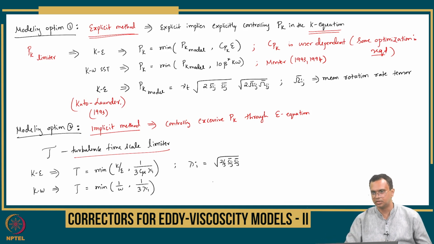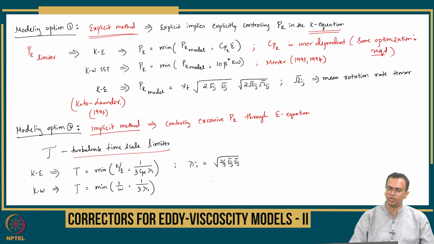Both of these techniques are used, explicit and implicit corrections, to limit the excessive production rate if you have stagnation type of flows in general, okay, to make sure. So this completes the realizability constraints, and as I mentioned, there are realizable models. One of the examples I have already uploaded in the Moodle.